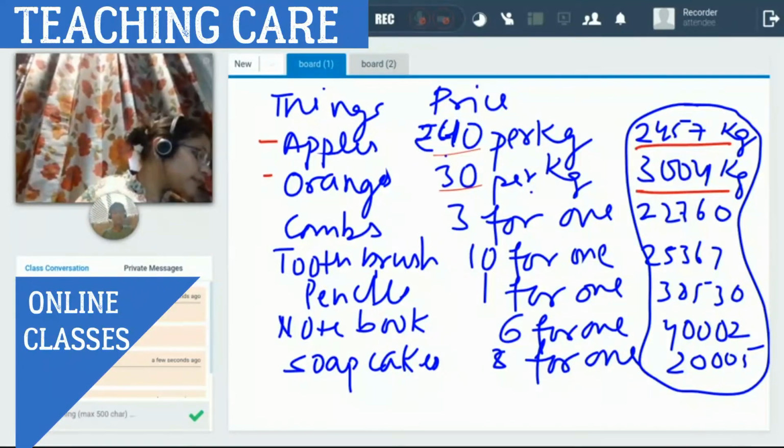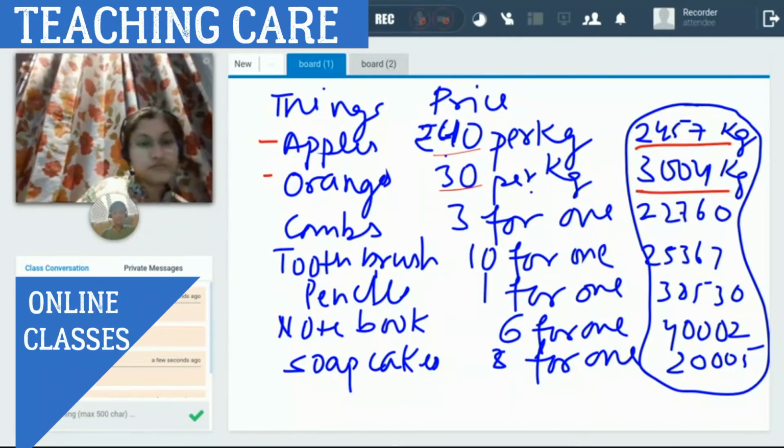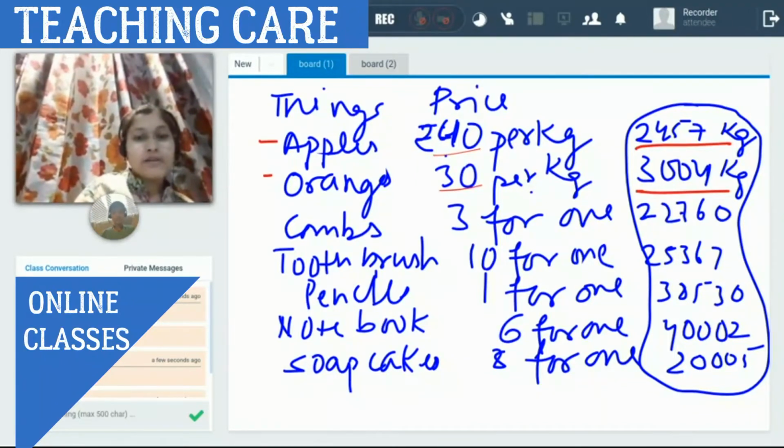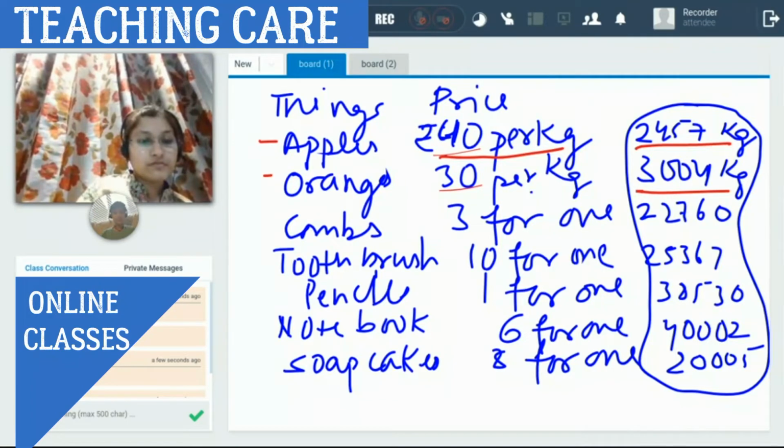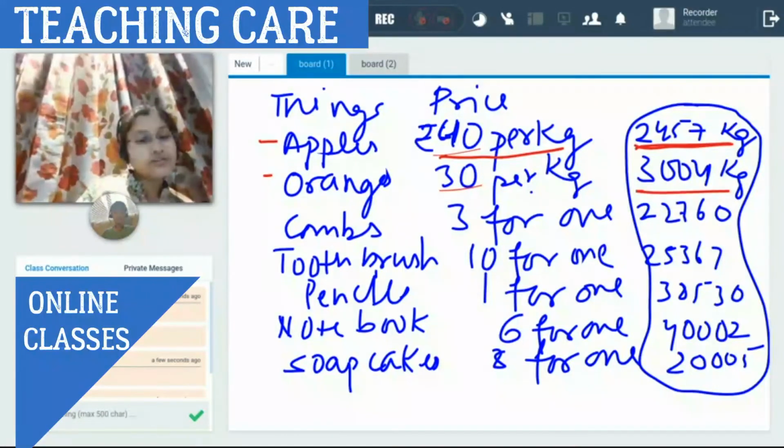Next question is the total money got by selling apples. The amount per kg is given to you and the total quantity is given to you for apples. So you can calculate the total cost.